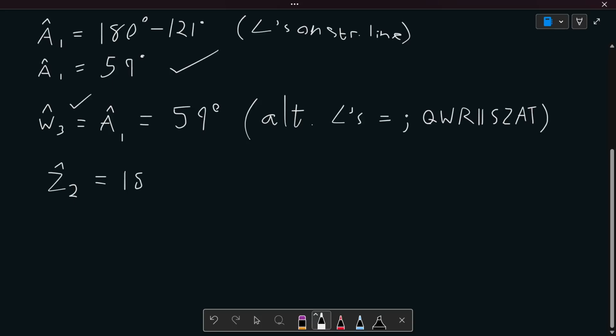So Z2 is equal to 180 degrees minus 65. Put that in your calculator, or calculate it in your head, and you'll get 180 degrees minus 65 degrees, which is equal to 115 degrees.